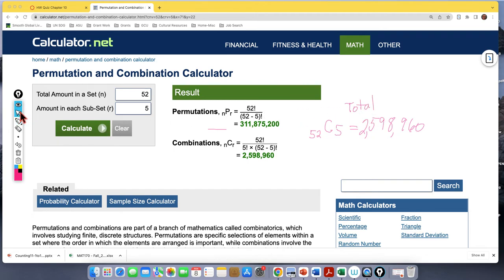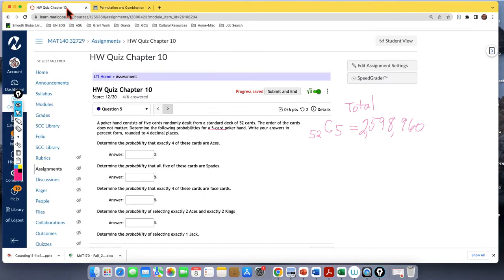Okay, and now watch what ends up happening. We're going to use this combination thing we did when we were talking about the Democrats and the Republicans. Determine the probability that exactly 4 of these cards are aces. Exactly 4 are aces. So how do we do that calculation?